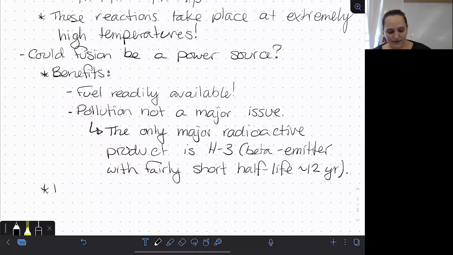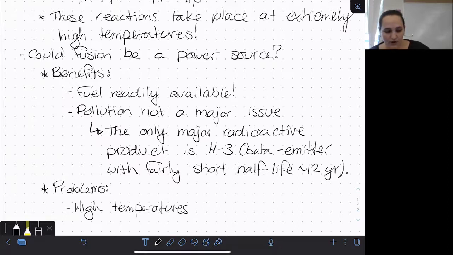But again, the problem, I guess it's not really a problem, but what's holding us back is those high temperatures, is that it's just really, really hard to do.